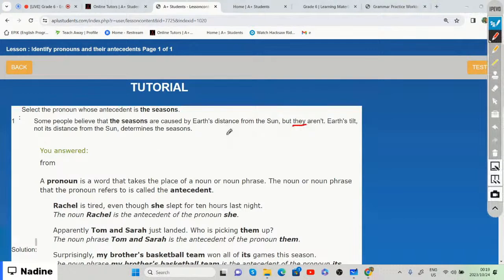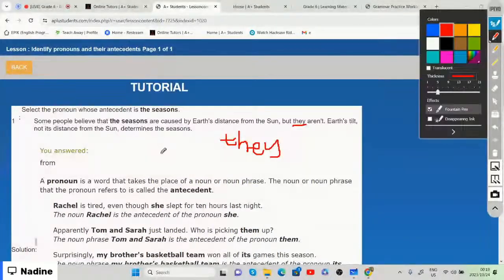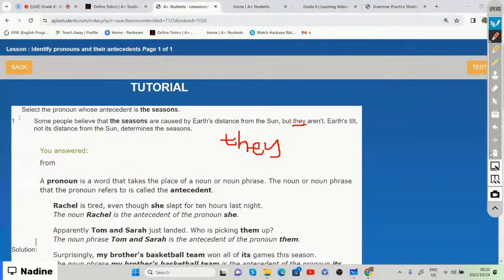So they is our pronoun. All right, so they is correct.